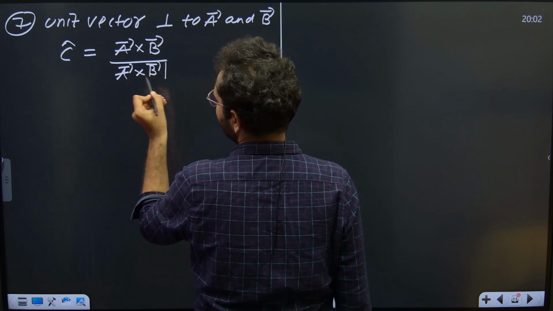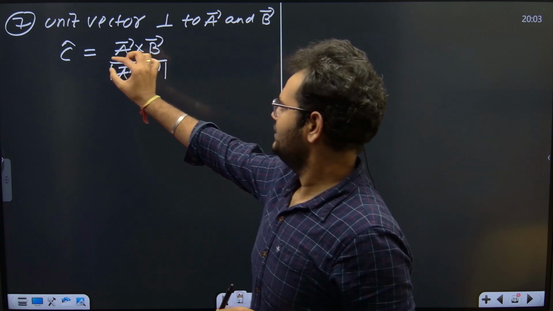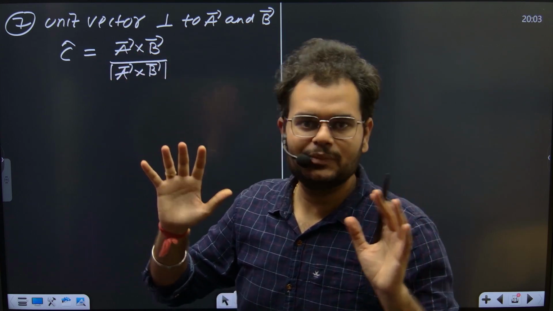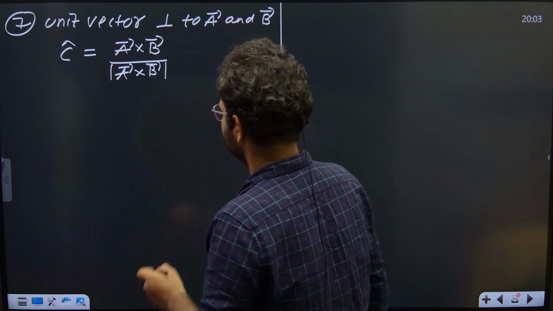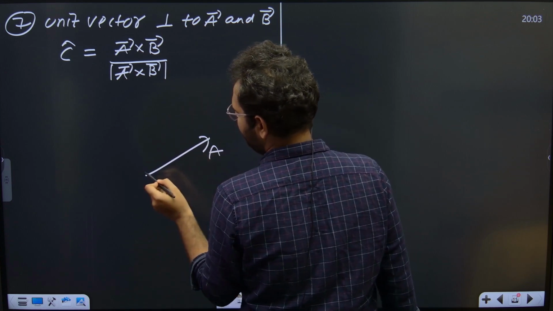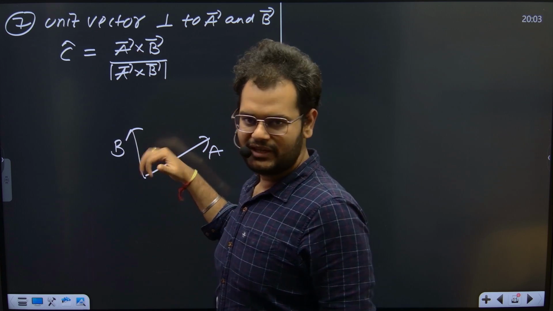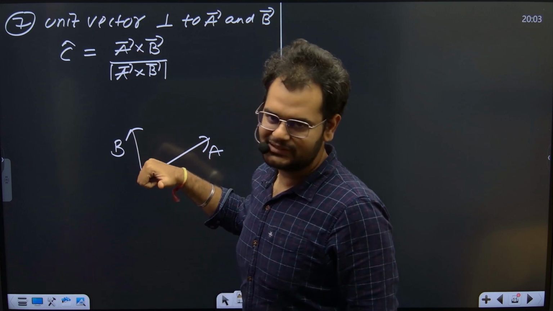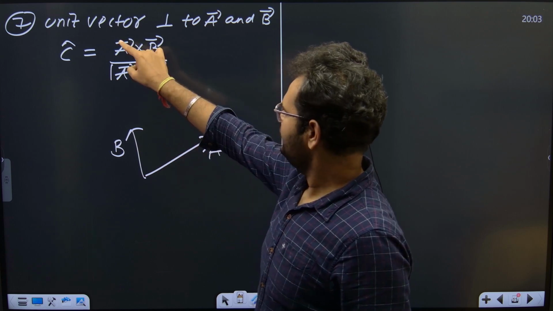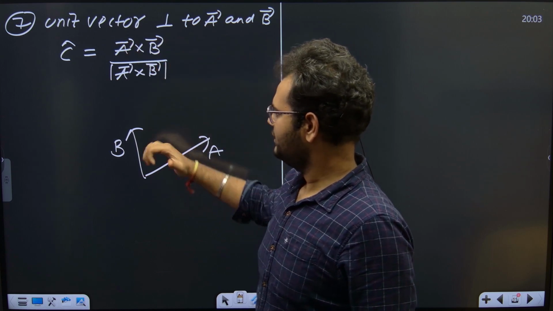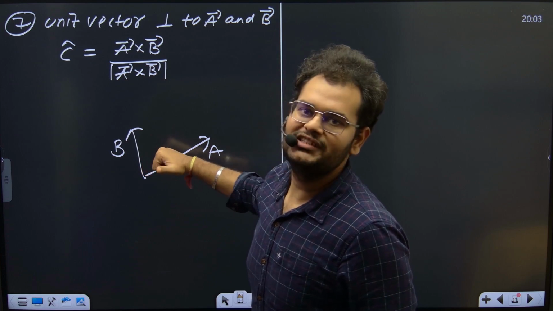Sir, can you explain how this came? Yes, I will explain. This C vector is perpendicular to A vector and B vector, right? If I do the cross product of A and B, where will the C vector be? C vector will be outside. That means this vector is perpendicular to A vector and B vector. They are asking for the unit vector perpendicular to A and B, so this C vector is my actual vector which is perpendicular to A and B. What is the unit vector of C vector?